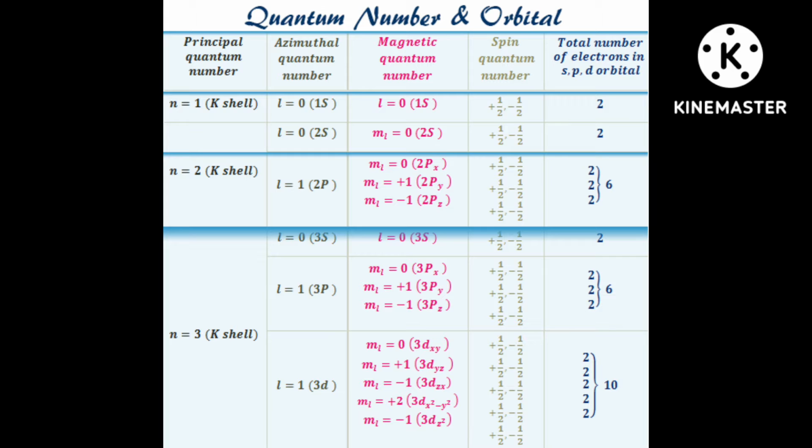An orbital of a smaller size means there is more chance of finding the electron near the nucleus. Correct? Important point.